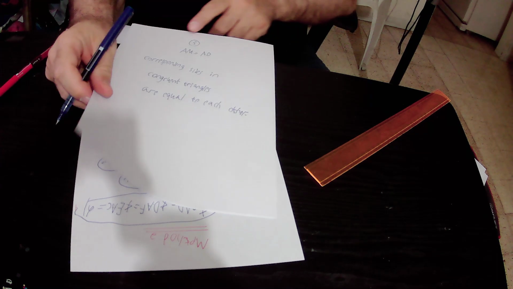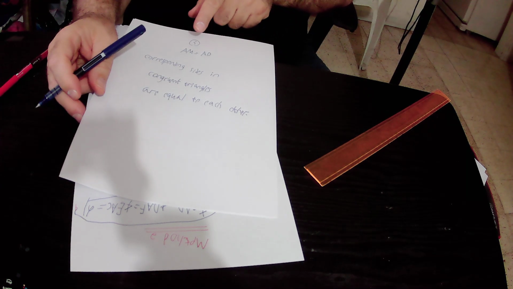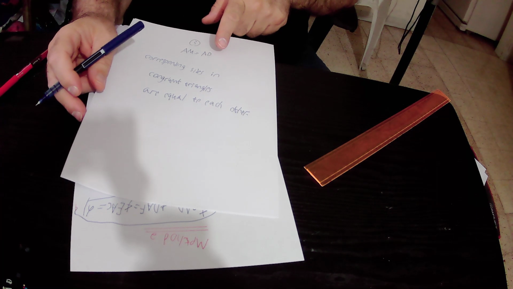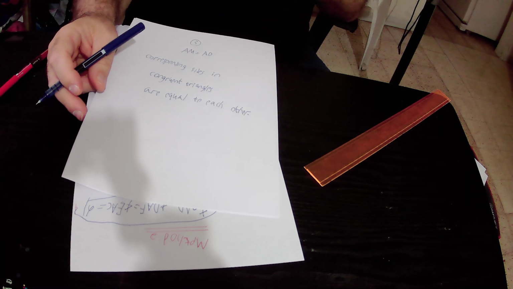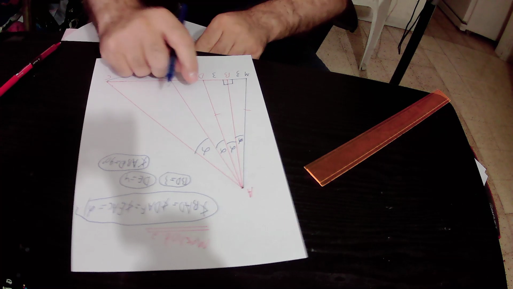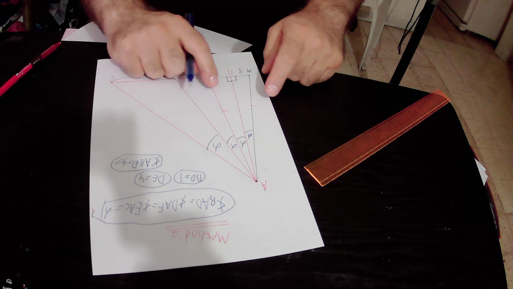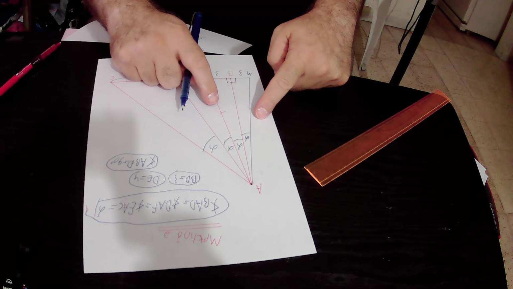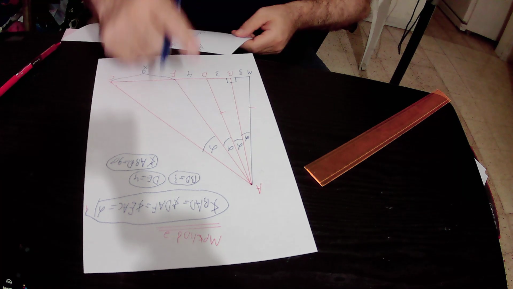Again, AM equals AD according to the rule that corresponding sides in congruent triangles are equal to each other. Actually, those two triangles are congruent to each other, therefore the corresponding sides, that is to say AM and AD, will also be equal to each other, that's all.